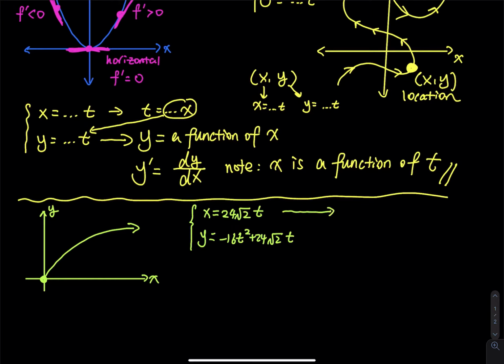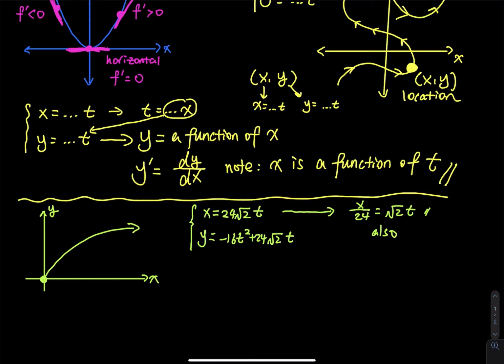The first step is I would like to isolate the square root of 2 t on one side. So x divided by 24 is equal to square root of 2 times t. That means I divide both sides by 24. We need to keep this.